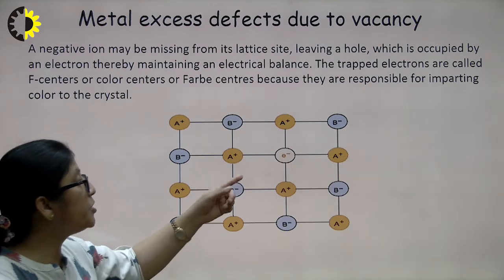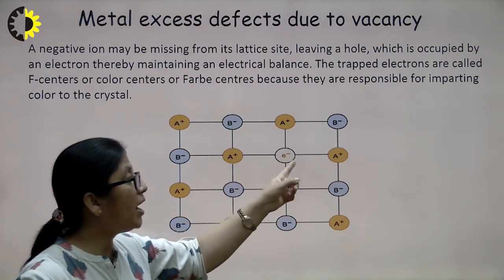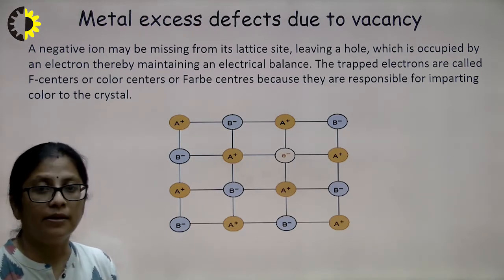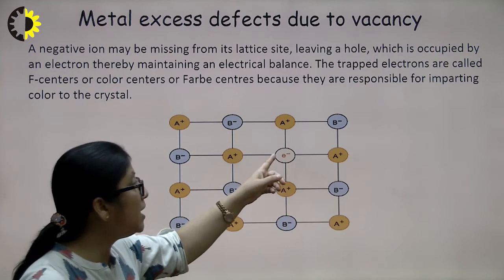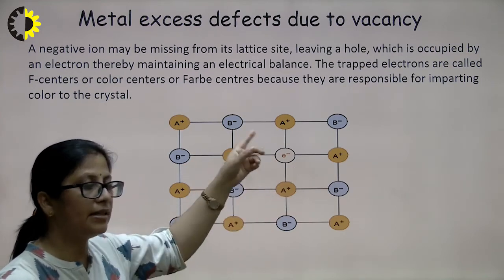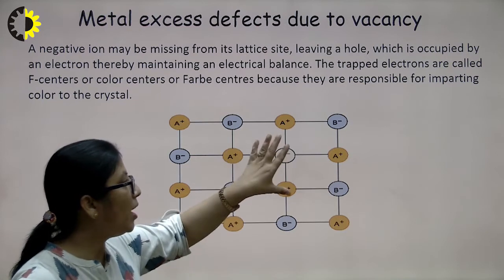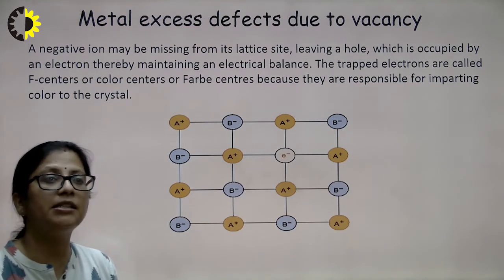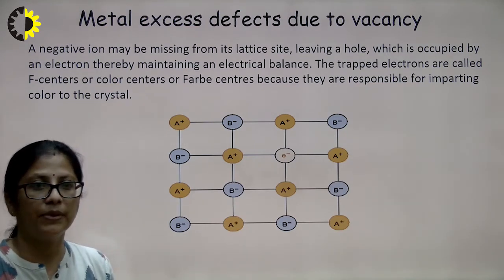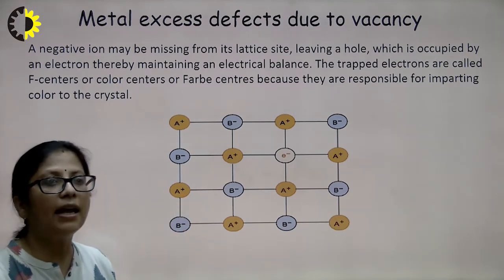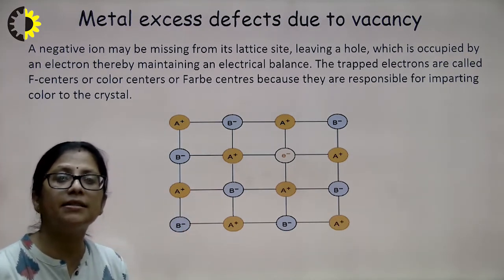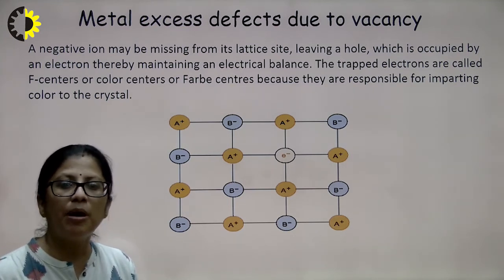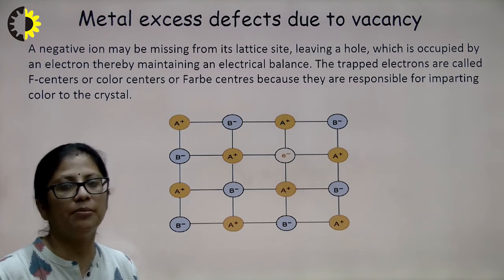The electrons which are formed occupy a position which was supposed to be occupied by an anion, and this electron is equally shared by the 6 cations, 4 on the sides on the plane, 1 above and 1 below, and therefore this electron behaves like a delocalized electron. So, in this case, a negative ion may be missing from its lattice site, leaving a hole which is occupied by an electron, thereby maintaining an electrical balance.